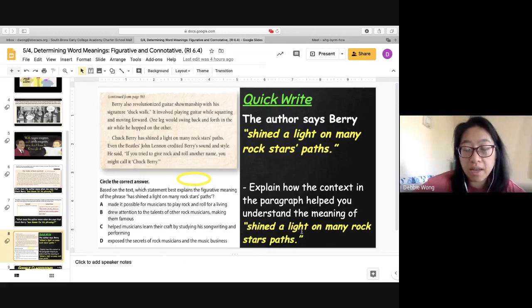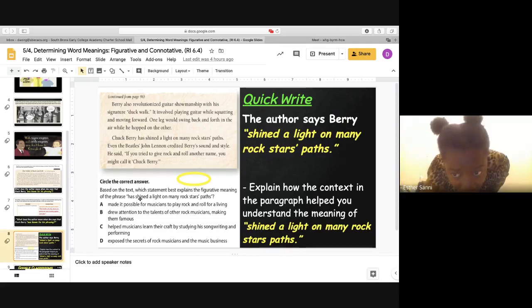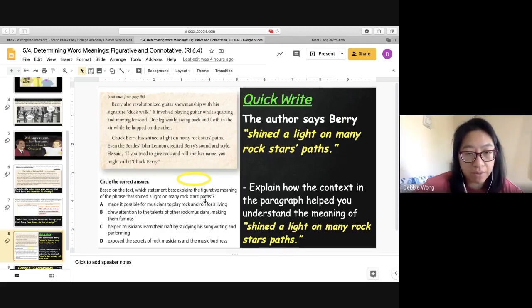So it just means that he shined a light, meaning he paved the way and he marked his way so that other rock stars can follow his path. So based on the text, which statement best explains the figurative meaning of the phrase, he has shined his light on many stars' paths?